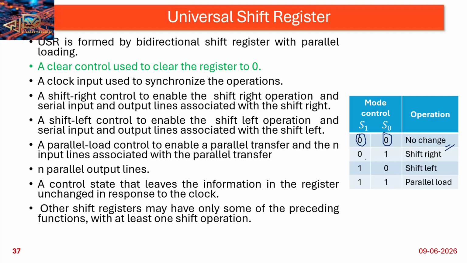And then whenever it is 0 1, it is doing the right shift operation. 1 0 is the left shift operation. 1 1 is parallel load operation. So all the operations are done here only. That is the universal shift register operation.